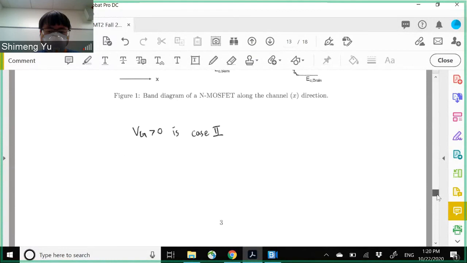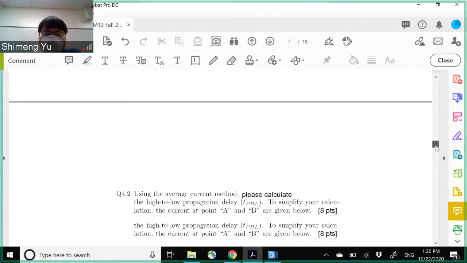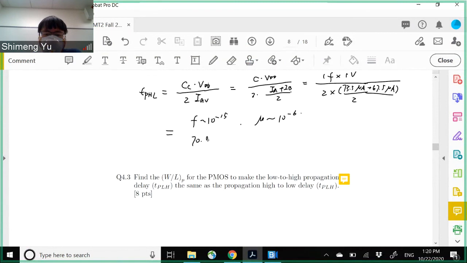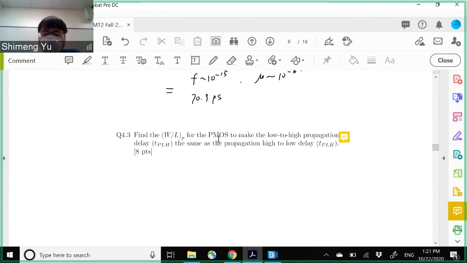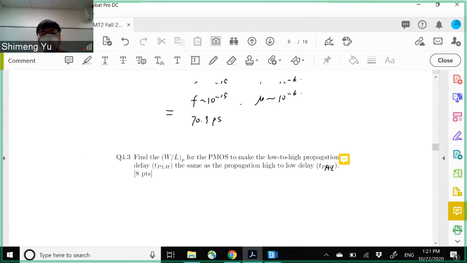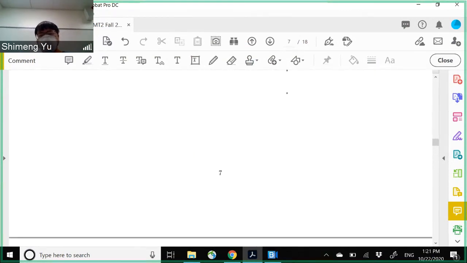And then the 4.3, find the W over LP for the PMOS to make the low to high delay, TPLH, the same as the high to low. I think that's a typo here. So high to low delay, the same. Here the NMOS W over L is given from the question, but PMOS is not given.